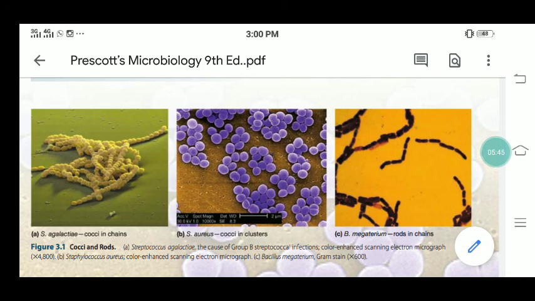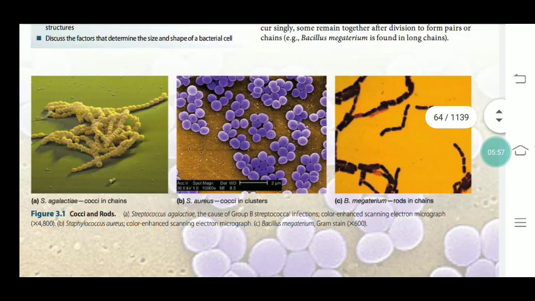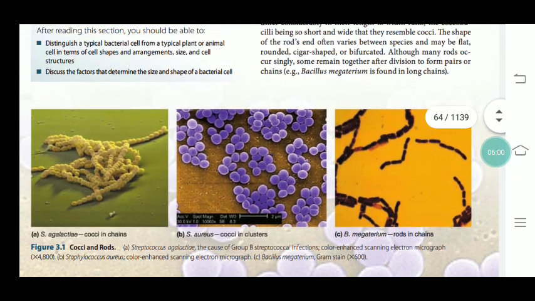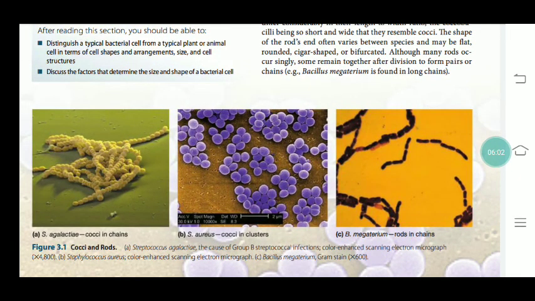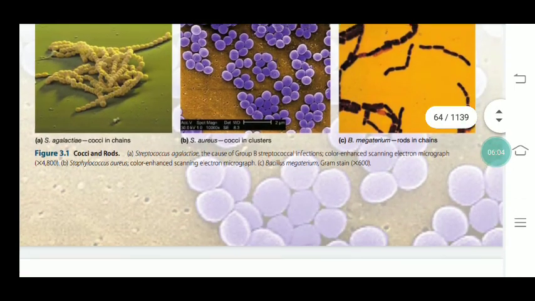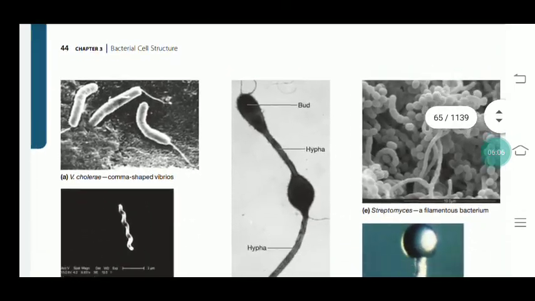Then the third figure is Bacillus megaterium, a rod shaped bacteria which does not make clusters but makes a long chain of rods. It's a microscopic image of cocci and chain shaped organisms.